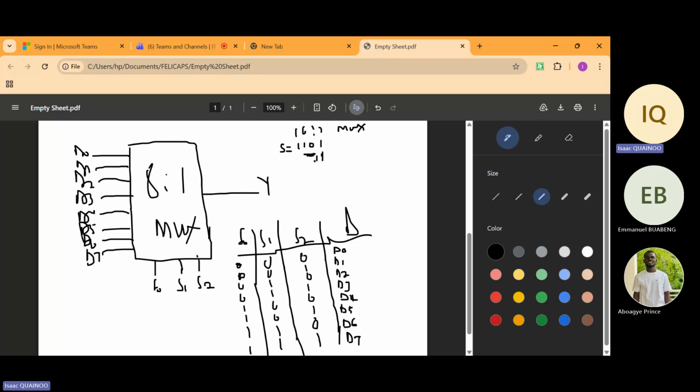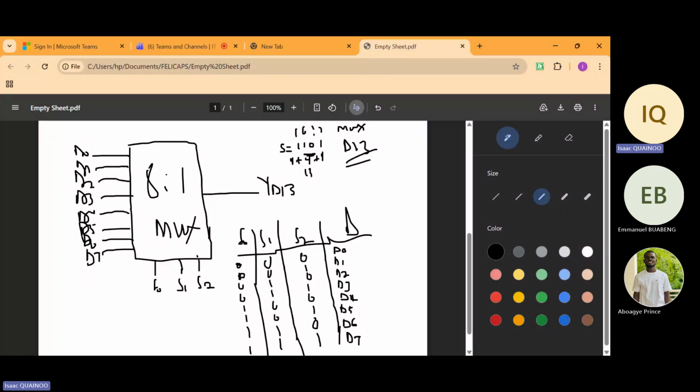That gives you 1. Plus here is 1, here is 2, so you have 2 raised to the power 2. That gives you 4. Plus you have 2 raised to the power 3. That gives you 8. So 8 plus 4 plus 1 gives you 13, right? So you know that for this particular one, D13 will be selected for output. So your Y here is going to be D13. Okay, so this is just how to solve problems under multiplexers.